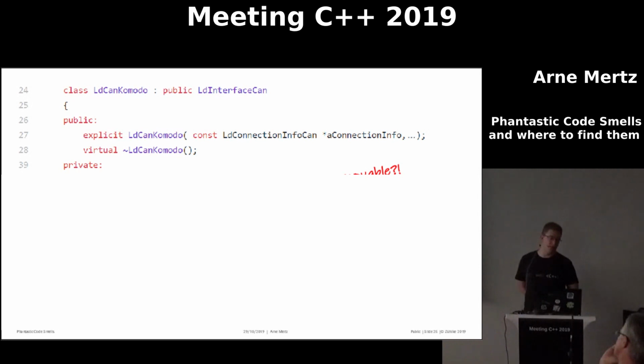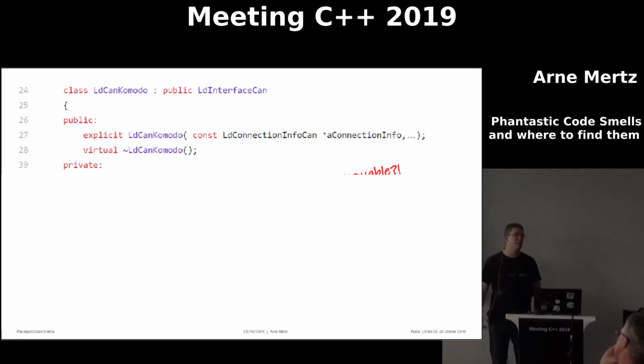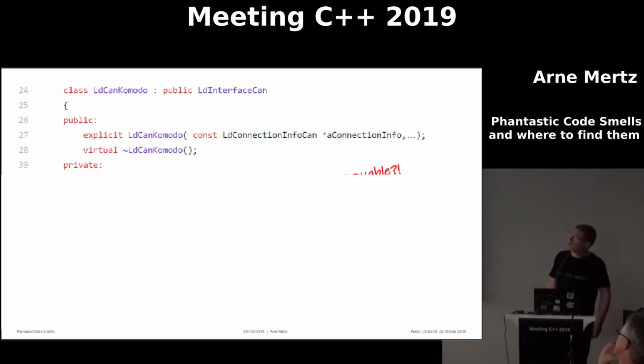What happens if I accidentally copy an object of this class? Well, the compiler generates a member-wise copy, so I have two objects with the same handle. Could be okay, could be not okay.